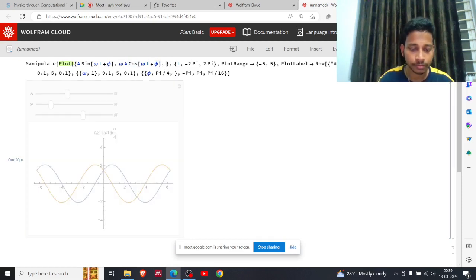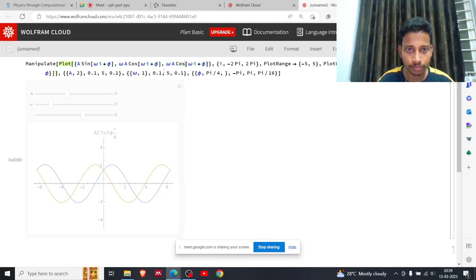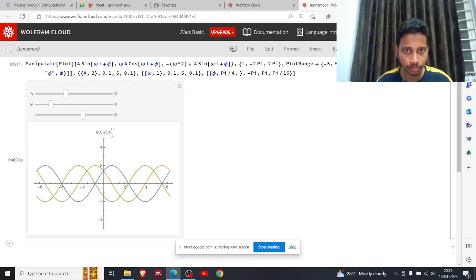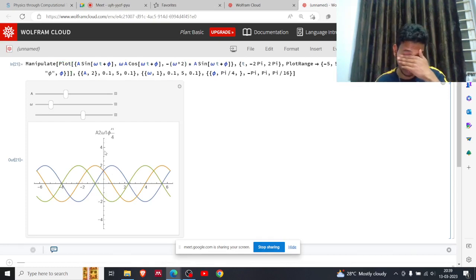Again, these three graphs show that between the displacement and the velocity, the phase difference is pi by 2.